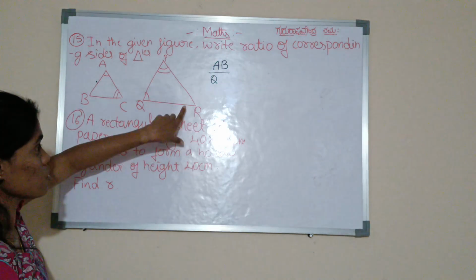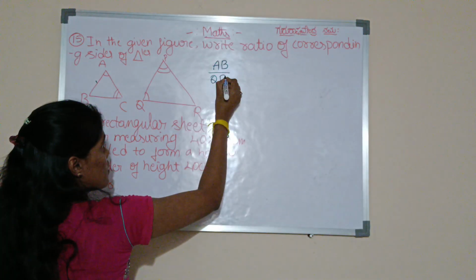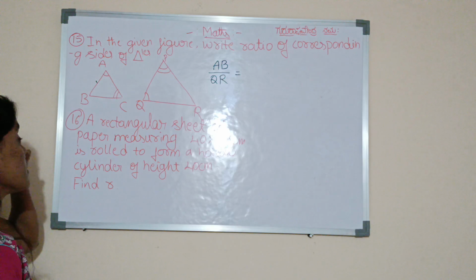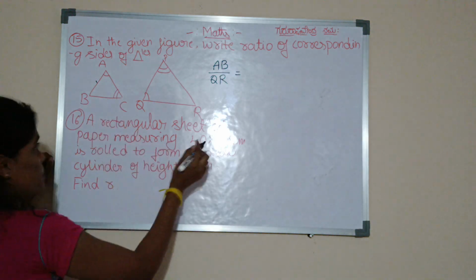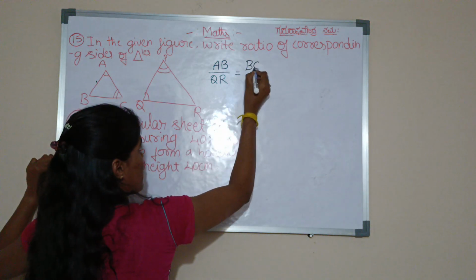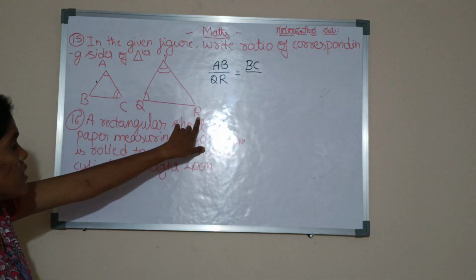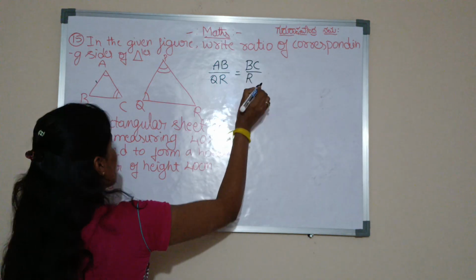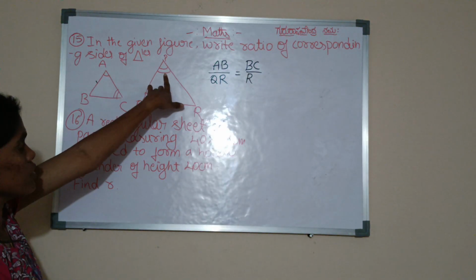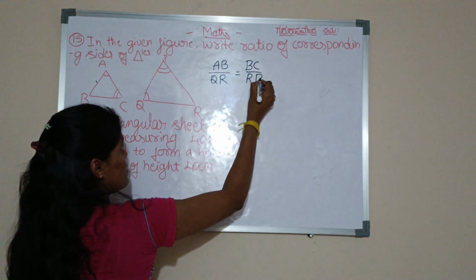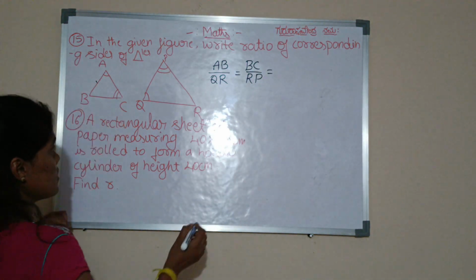The angle not shown here is R. So QR. Next you have to take another side, that is BC. Again, B is replaced by R. C will be the double angle. Which one will be the double angle? That is P. Then AC.